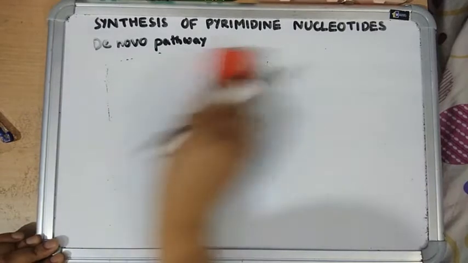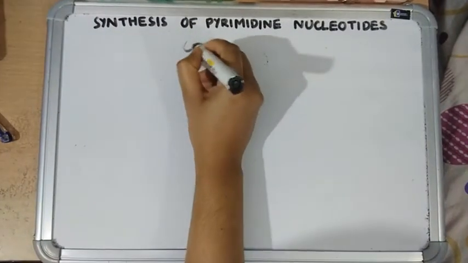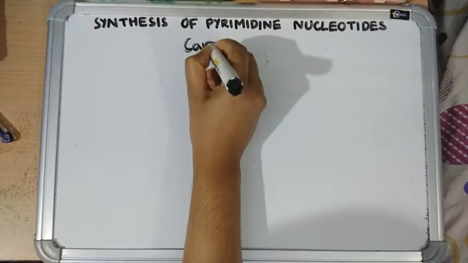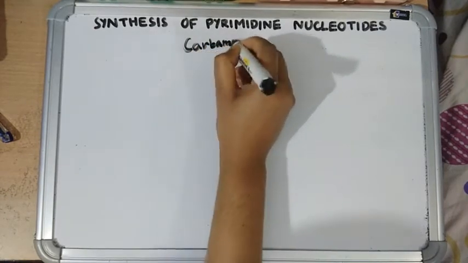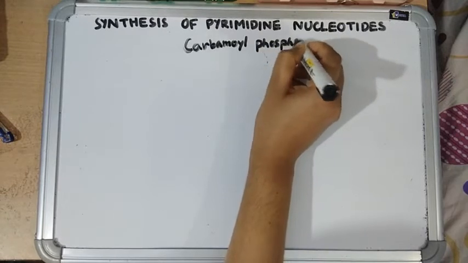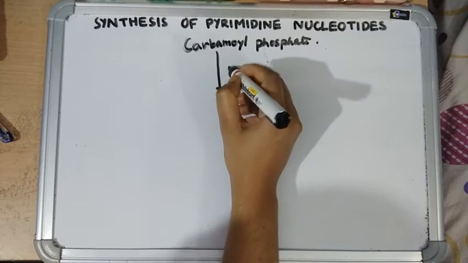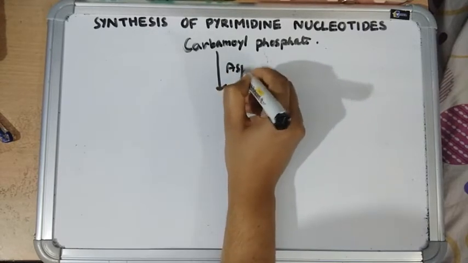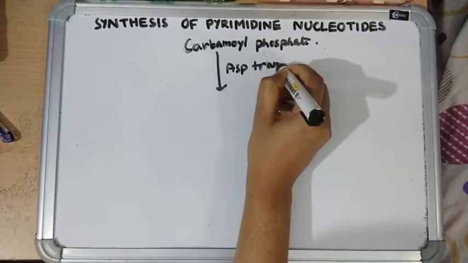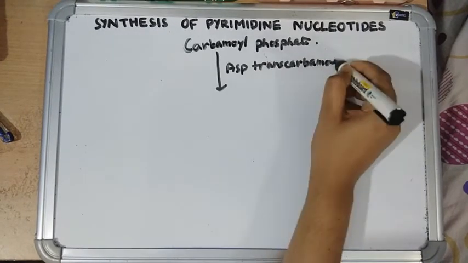After formation of carbamyl phosphate, it is acted upon by the enzyme aspartate transcarbamylase.